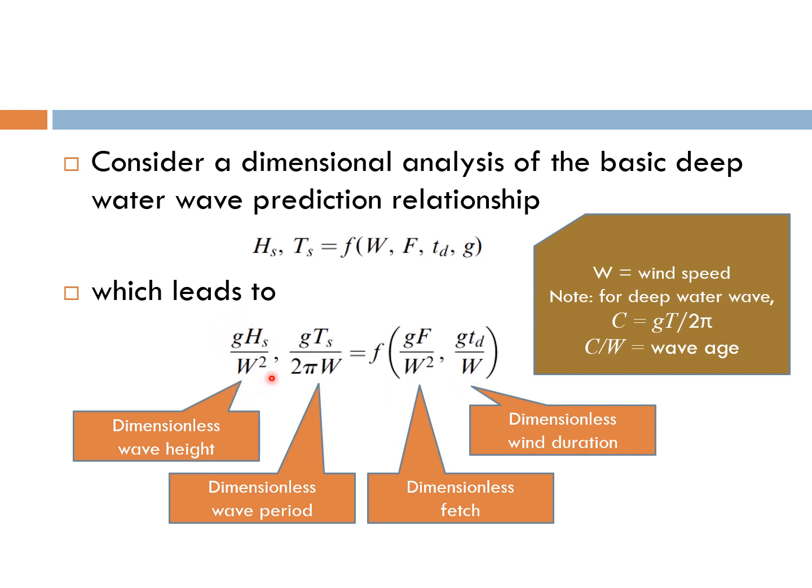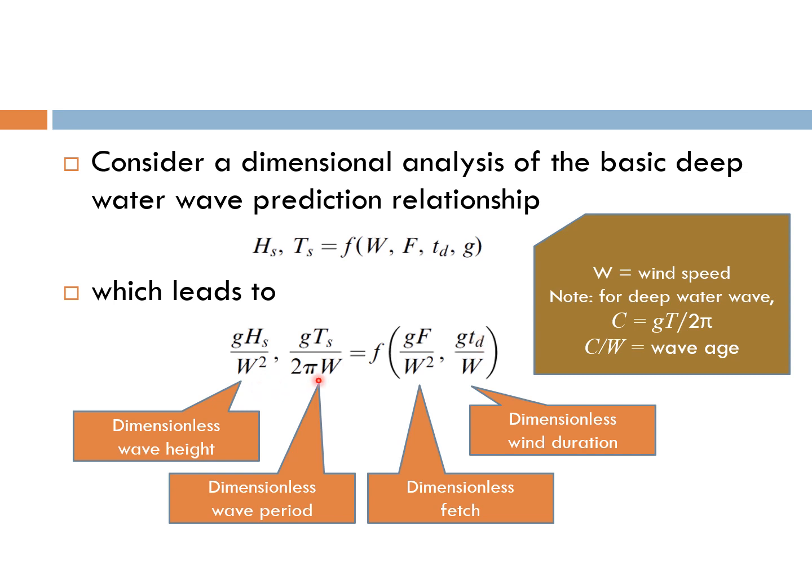This is the dimensionless wave height. You can see the significant wave height is in here. This is the dimensionless wave period. You can see the significant wave period is inside here. This is the dimensionless fetch or wind fetch, whereby F is here, and this is the dimensionless wind duration, whereby t sub D here represents the wind duration.